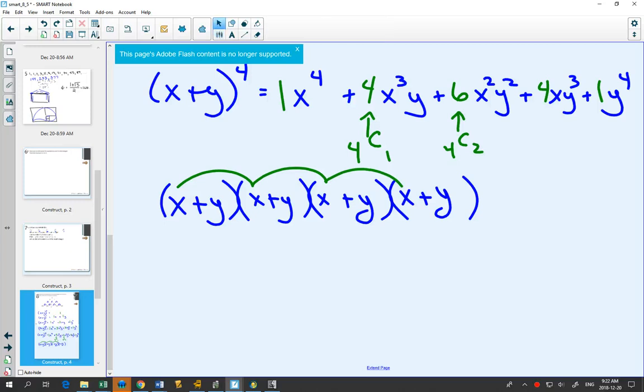So what we're going to do next is turn to section 8.6.